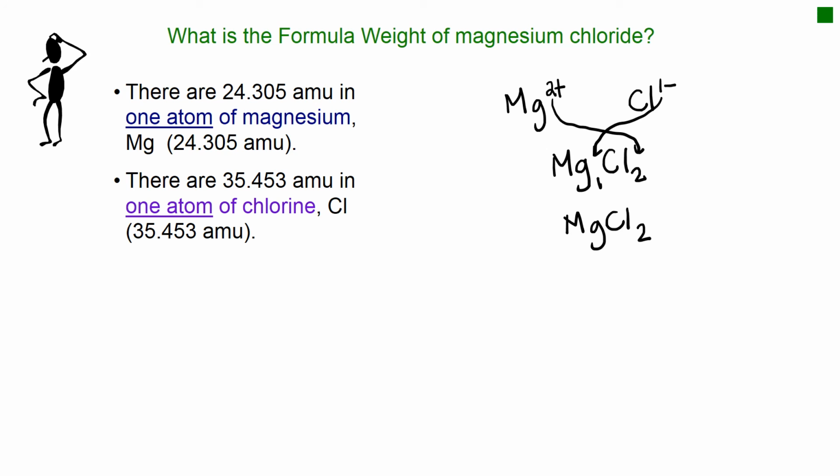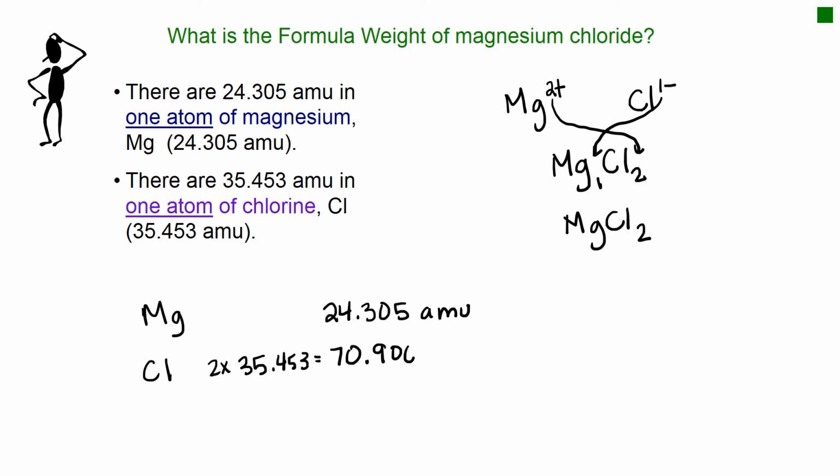So now we can add up the mass of magnesium chloride. If we take our magnesium, we have 1 magnesium at 24.305 AMUs. And then we have 2 chlorines, so we have 2 times 35.453, which if we do out the math, we get 70.906 AMUs.